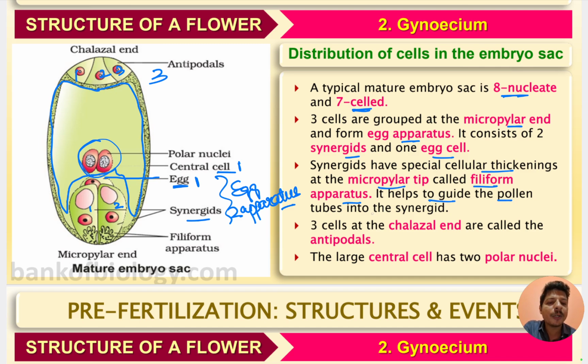These finger-like projections, the filiform apparatus, guide the pollen tube into the synergids, into a particular area of the embryo sac. Three cells at the chalazal end are called antipodals. The large central cell has two polar nuclei.